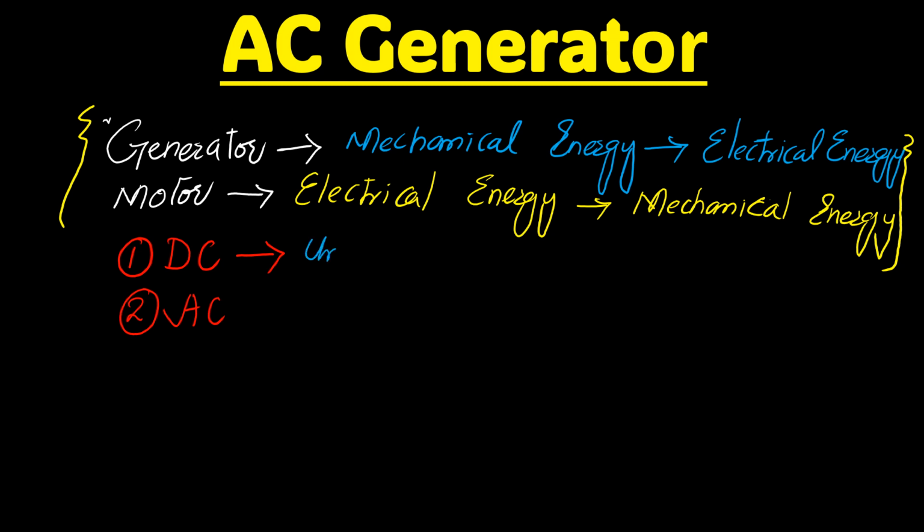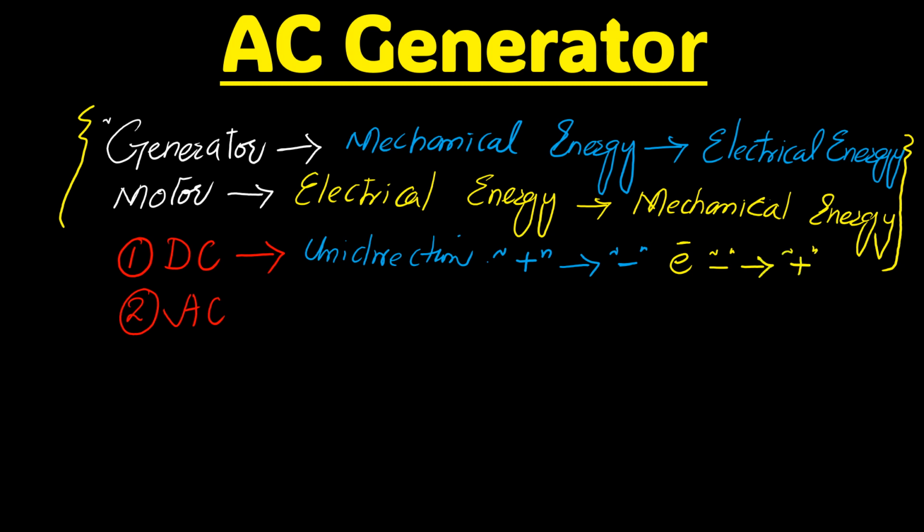It is a unidirectional current, and the current in direct current flows from the positive terminal of the battery toward the negative terminal of the battery, whereas electrons in direct current batteries flow from the negative terminal toward the positive terminal.